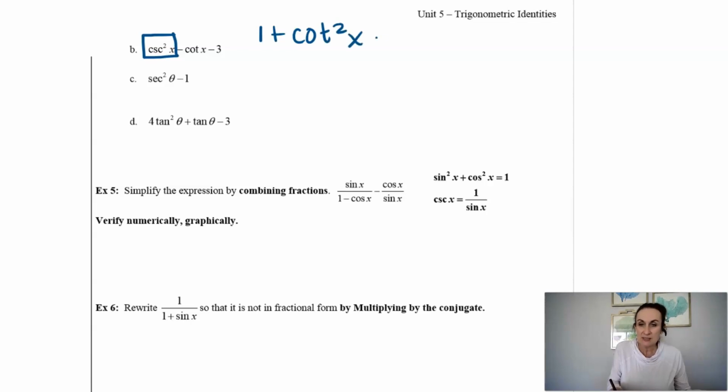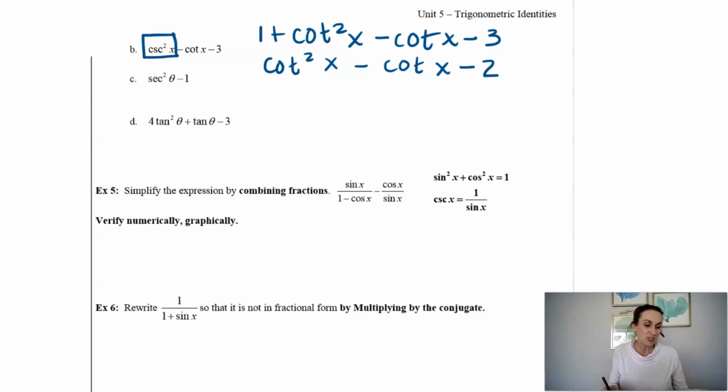Then we still have subtract cotangent x, and then we have subtract 3. So from there, I've got cotangent squared x, subtract cotangent x, and then 1 subtract 3 is a -2.